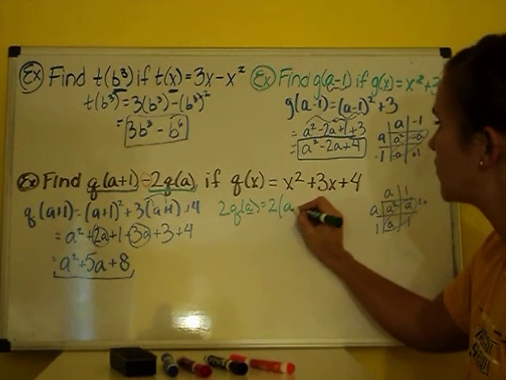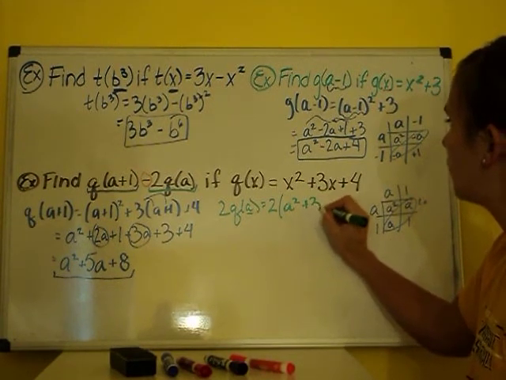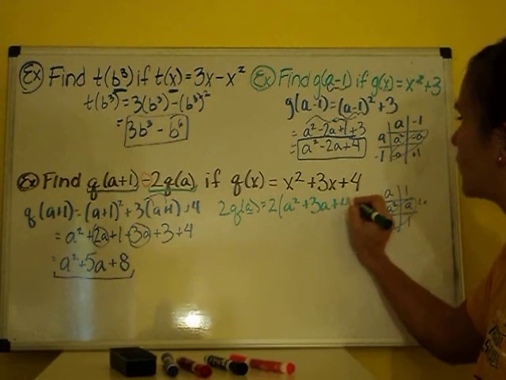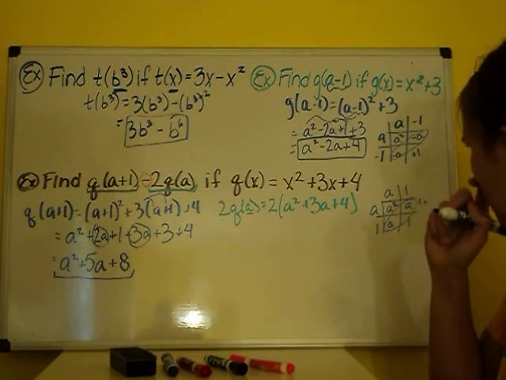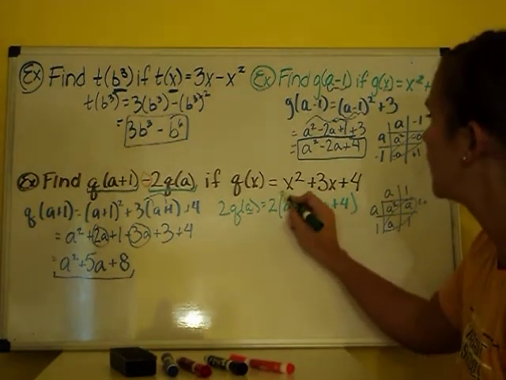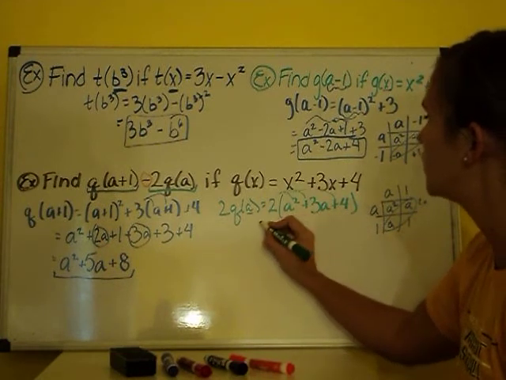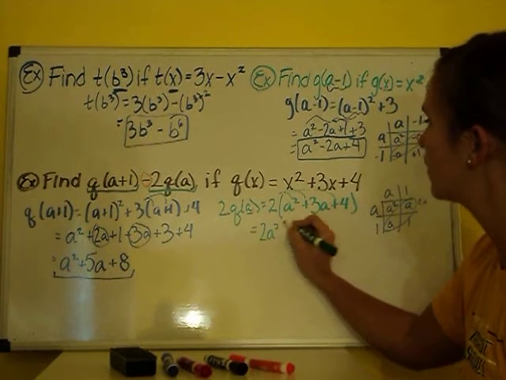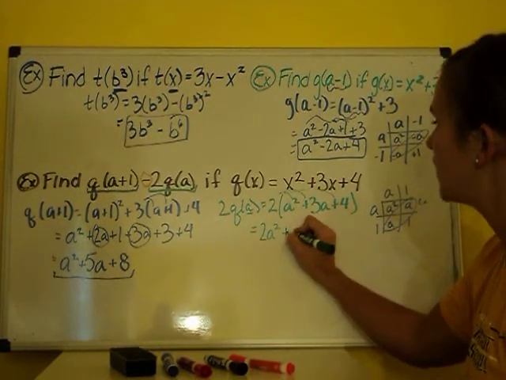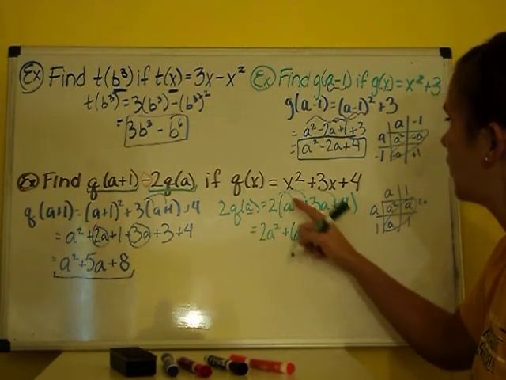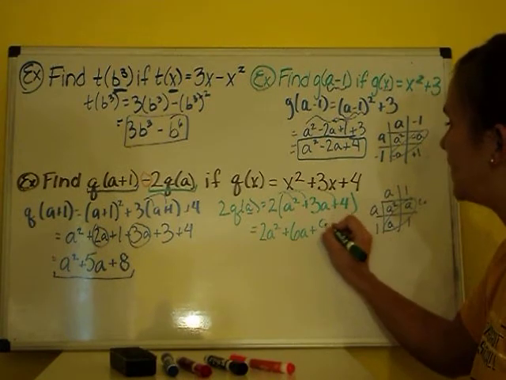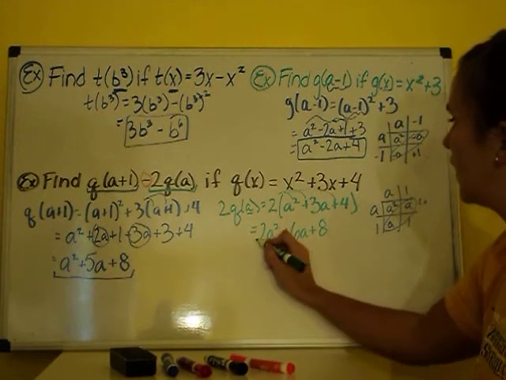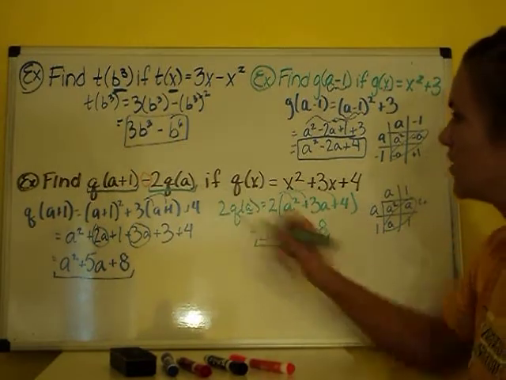So I'm going to have a squared plus 3a plus 4. And then here I'm just going to distribute my 2 to all parts. So 2 times a squared is 2a squared. 2 times 3a is a positive 6a. And 2 times 4 is 8. Okay? And this is my green answer.